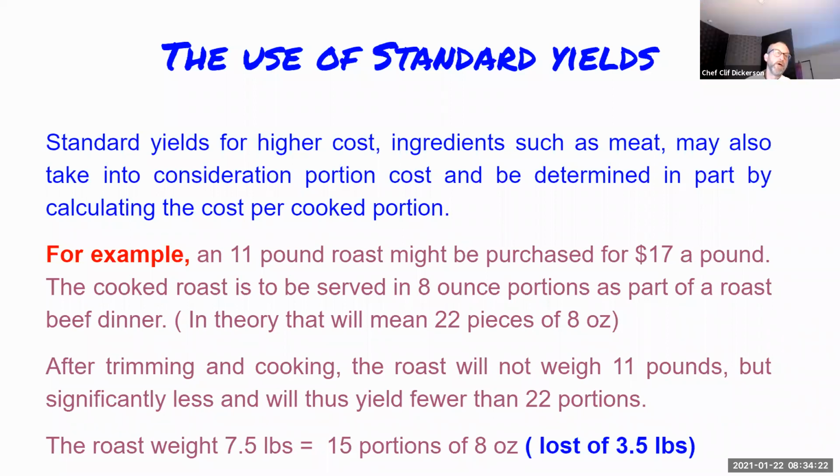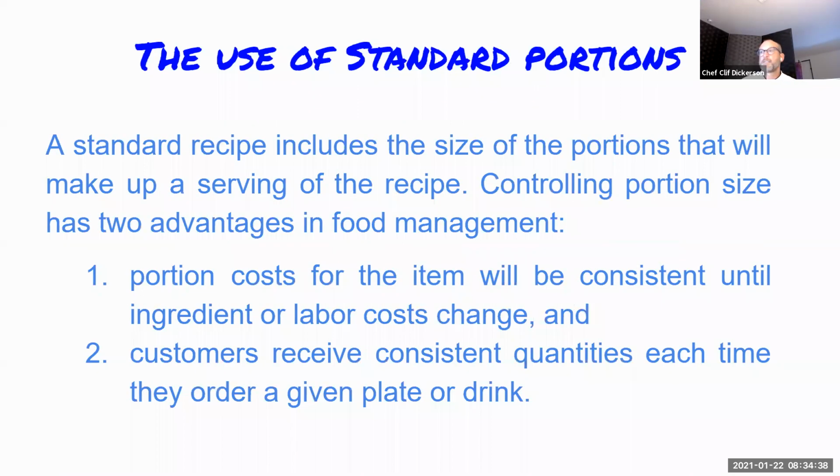Even though I lost those 3.5 pounds, I paid for them, so I need to cover that cost. I need to make sure I wrap that cost into the cost of the recipe. If not, every time I sell this recipe, I'm losing money.